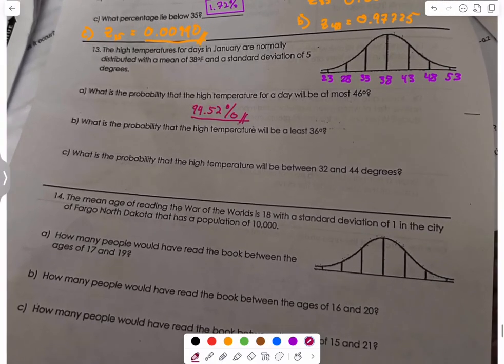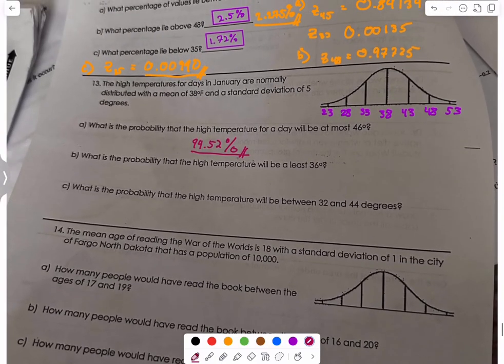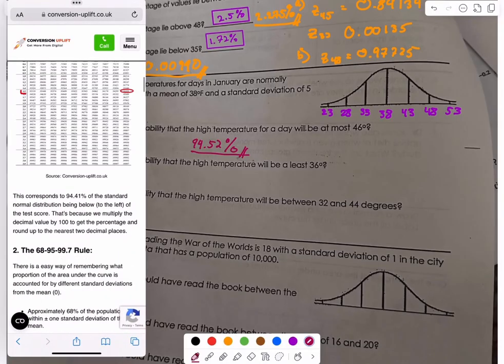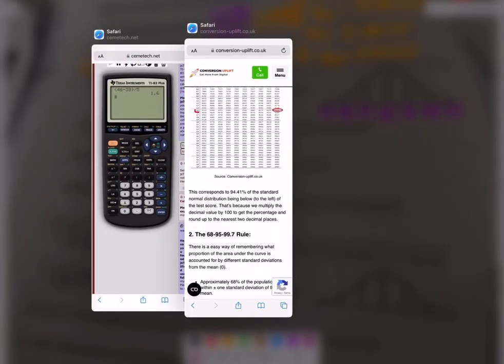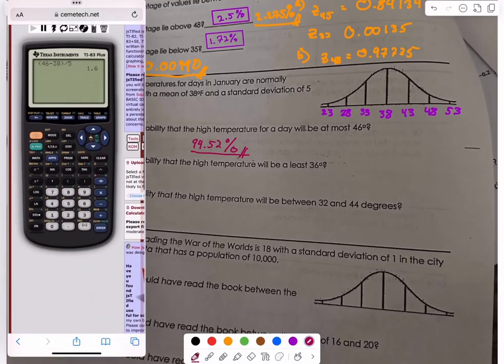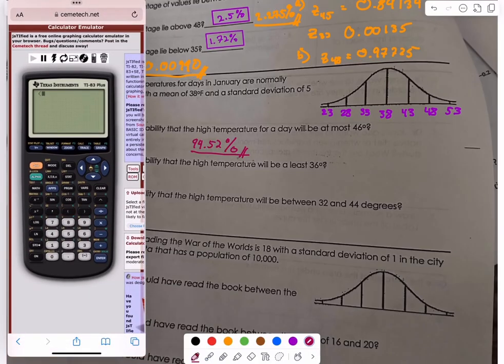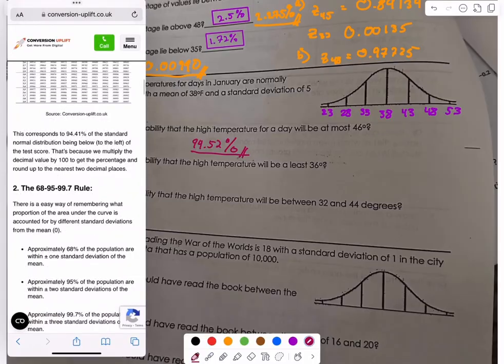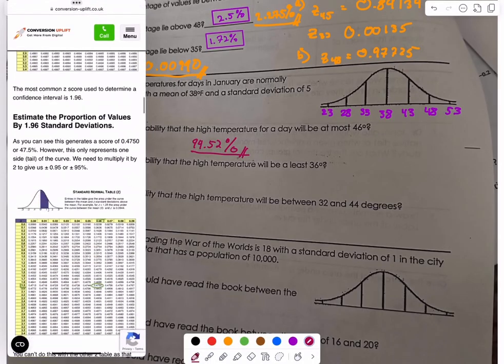Okay. What's the probability the high temperature will be at least, so to be greater than 36? So again, for greater than 36, first we're going to find a z-score like normal. So then we're going to have this 36 minus 38 divided by 5. So it gets a z-score of a negative 0.4. Then we go to our negative z-score chart.